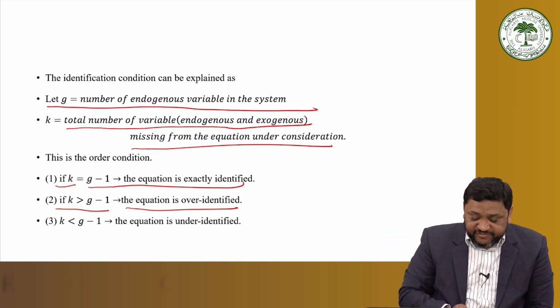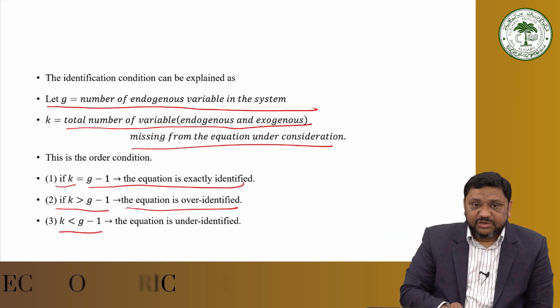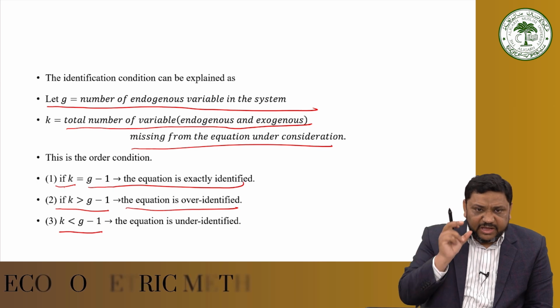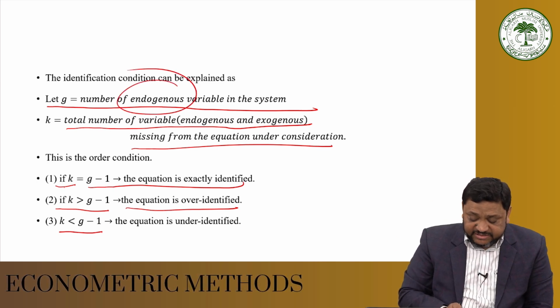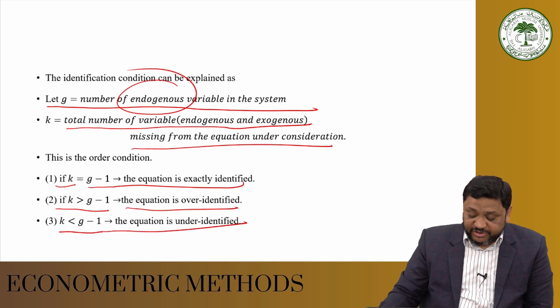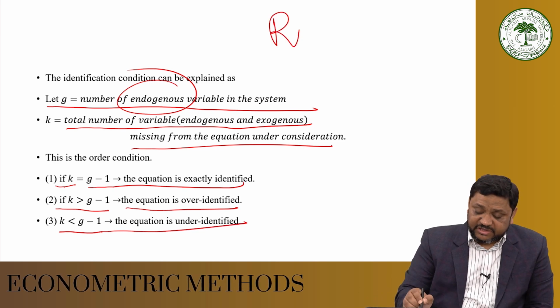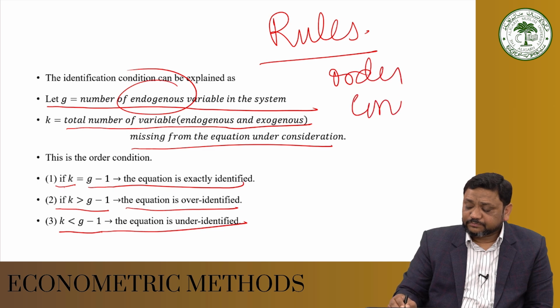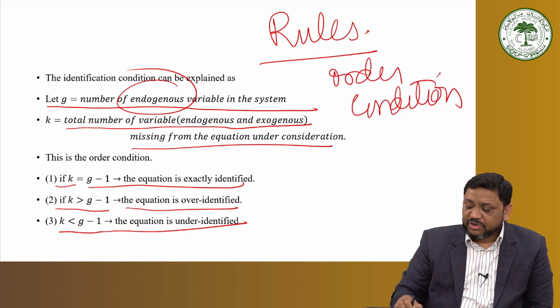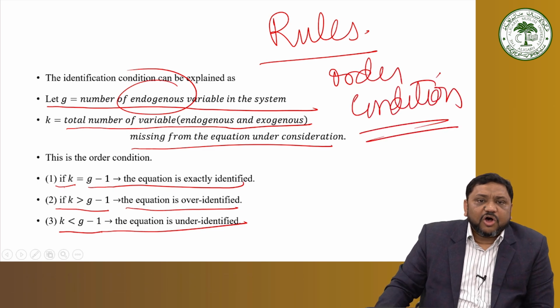G is the total number of endogenous variables in the system. If K is less than G minus 1, the equation is under identified. These are the rules of the order condition.